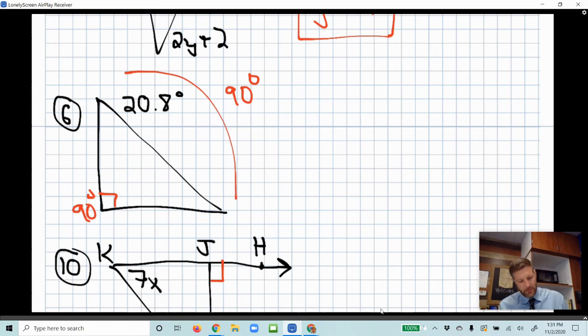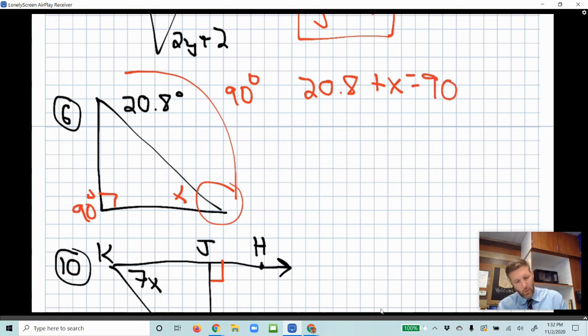And so that means this angle here is the difference between 90 and 20.8. So I could think of this two ways. Algebraically, I could think of it as, well, 20.8 plus the missing angle equals 90. Or you could just think of it as 90 minus 20.8. And that's how we would solve this.